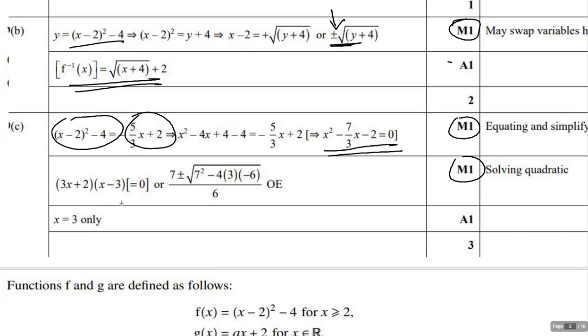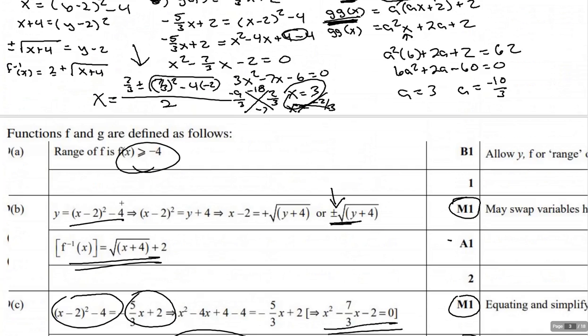It doesn't have to be perfect, but this is what we're going for. This is going to get you the method point. And then solving the quadratic. Here's an excellent example where they're going to give you a point for solving it. If you just give the answer, you're probably not going to get that method point. So that's why I'm saying, even if you're using the calculator, make sure you at least write this down. And then the last point was 3, right? And you notice how they say only.